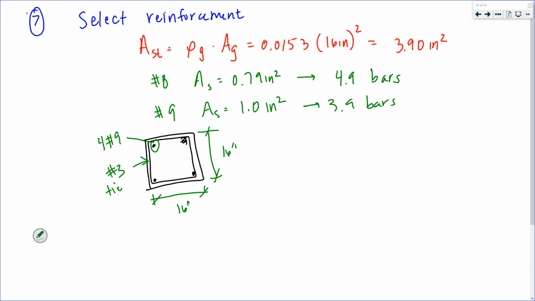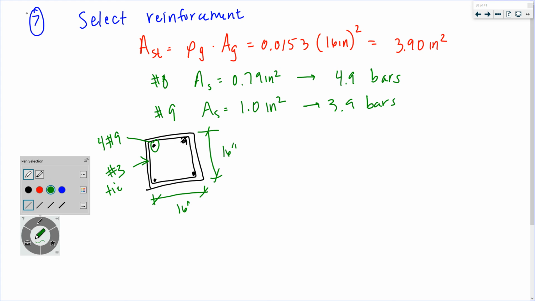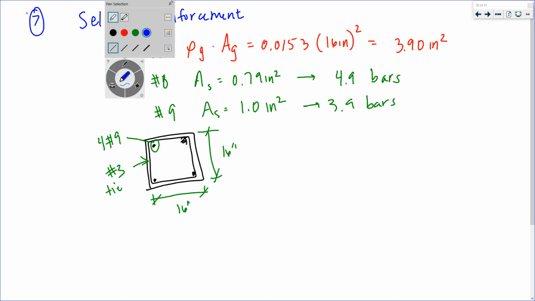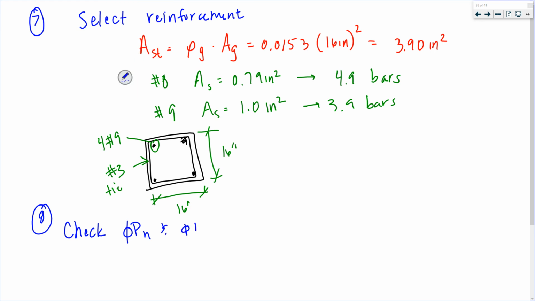Okay, so now let us check the PN and VMN.